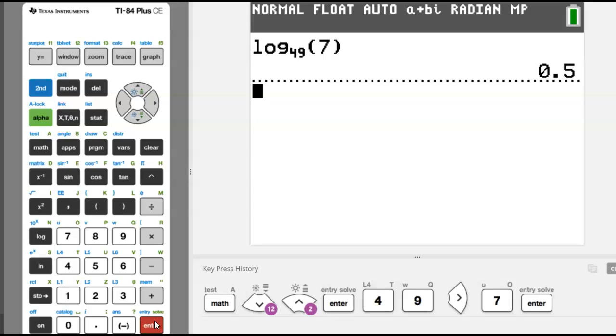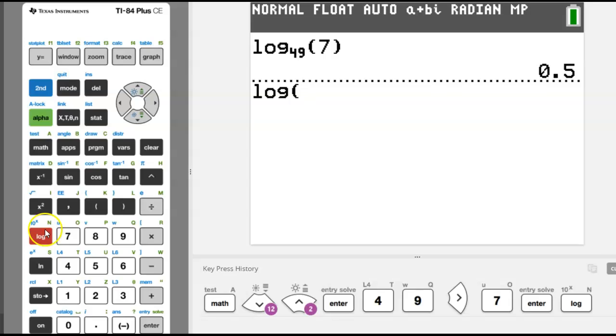Okay? Now, if your calculator is older and doesn't have that feature under math, you can change the base yourself. And the way we do that is we just go straight across. So we're going to convert it to the common logarithm, which is a default base of 10. And so we're just going to press the log button. Every time you press the log button without putting a different base, it is understood and automatically a base of 10.